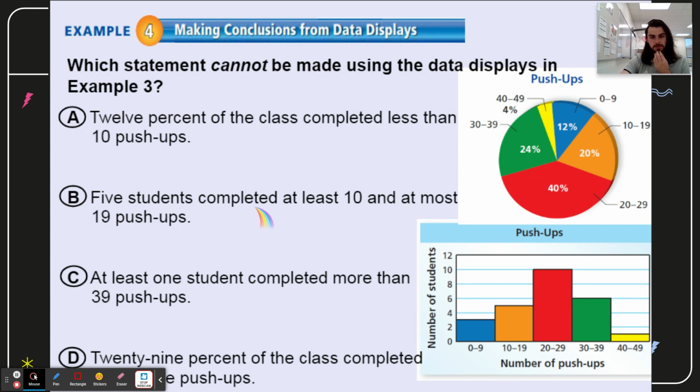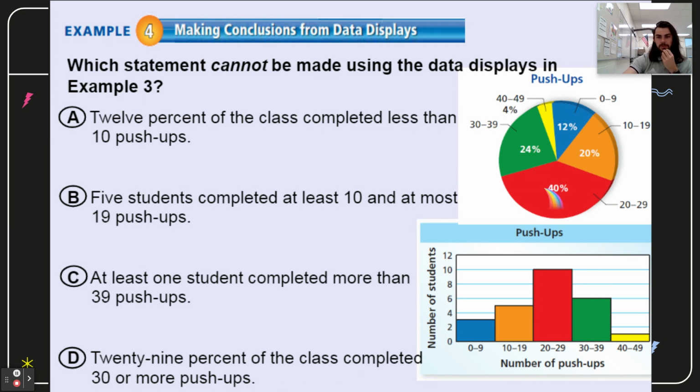B, 5 students completed at least 10 and at most 19. C, at least 1 student completed more than 39 push-ups. And D, 29% of the class completed 30 or more push-ups.